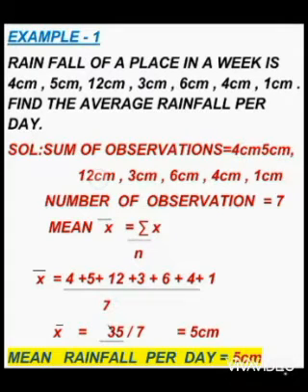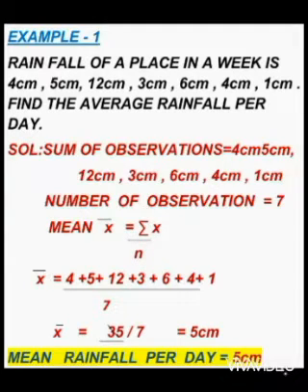1, 2, 3, 4, 5, 6, 7. In a week, 7 observations will be there, so the number of observations is 7. What is the formula for mean? x bar is equal to the sum of the observations by the number of observations, sigma x by n.